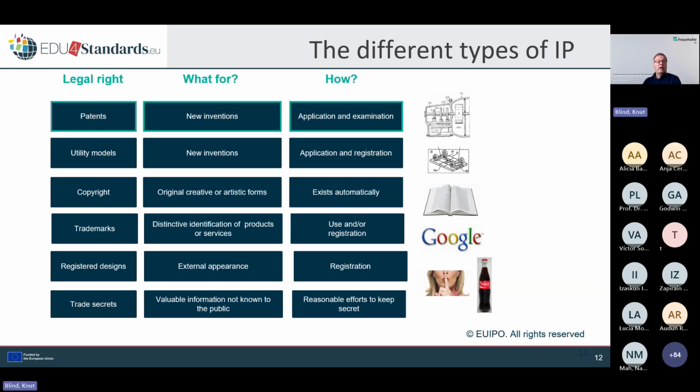Trade secrets is a very important type of right, because it protects very valuable information which should not be known to the public. And here you can make some internal efforts. Contract options are non-disclosure agreements, maybe in treaties with your employees.